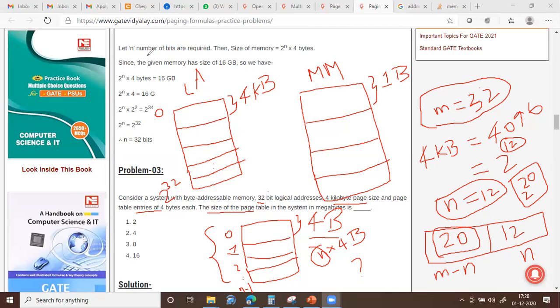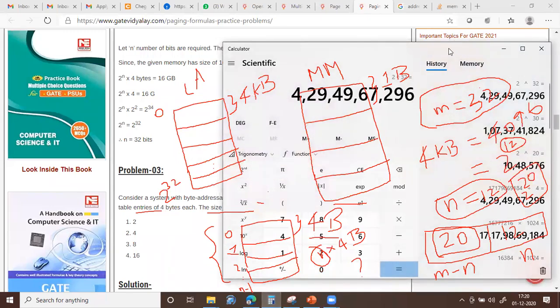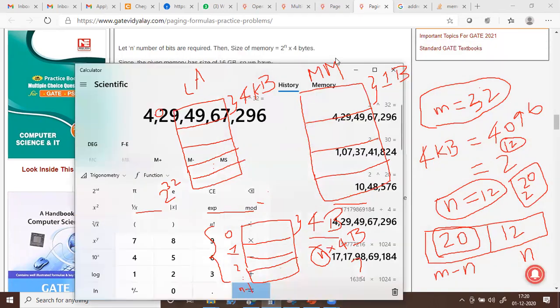So what is 2 to the power 20? That we have to calculate. You can calculate what is 2 to the power 20. Let me erase the unnecessary things.